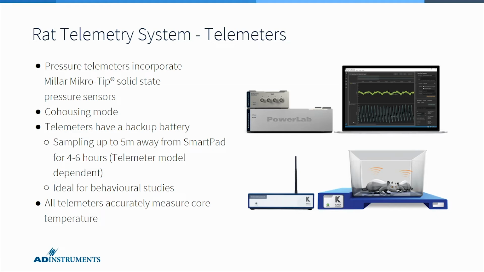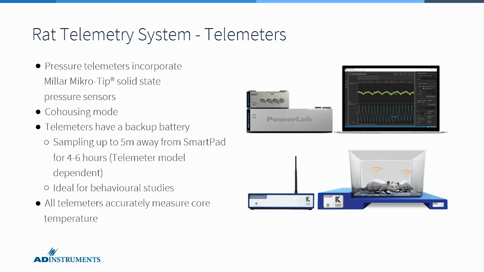And I'll talk a bit more about what that means for the quality and accuracy of the pressure data that you collect in the next slide. The rat telemetry system also offers co-housing mode, so that's a really important feature for improving the welfare of your animals, but also, another side to it, is allowing you to customize your experiments to collect the maximum amount of data from each animal that you use as well. And I'll talk a bit more about that in the upcoming slides.